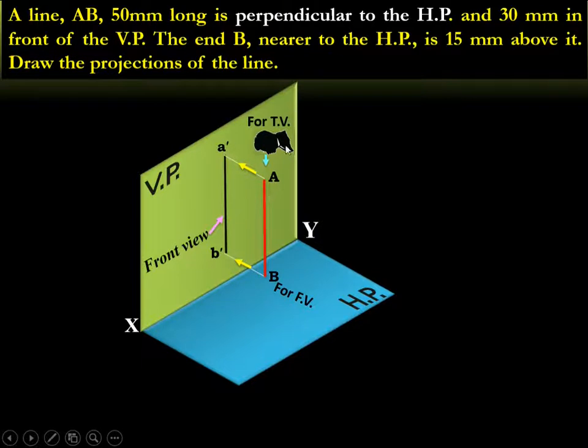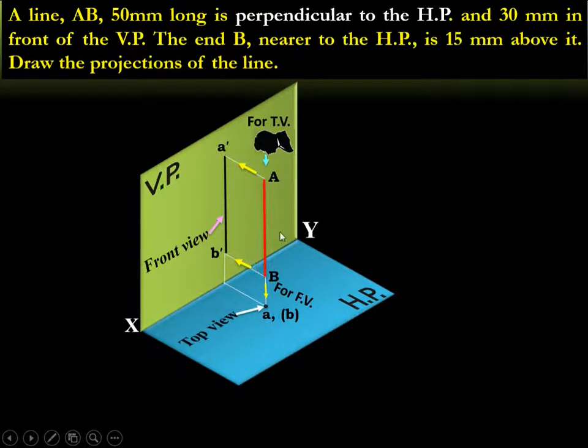To obtain the top view of the line capital AB, we need to observe the line from the top, and the line needs to be projected onto the horizontal plane, and the projected point on the horizontal plane can be called its top view, and the top view can be named using the corresponding lowercase letter.